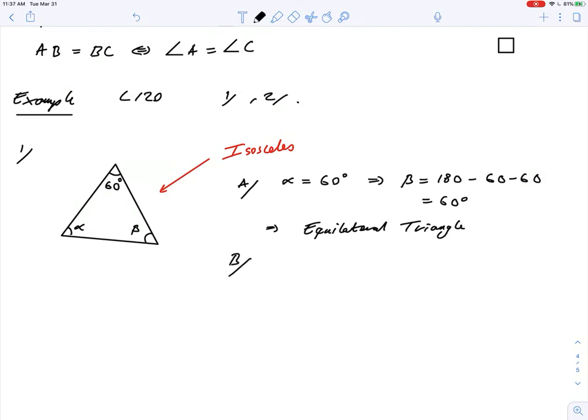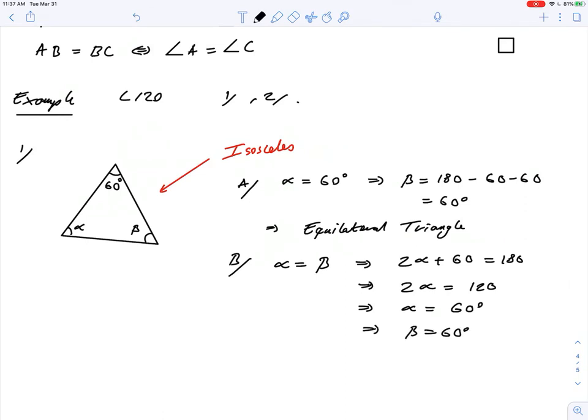Or second option, maybe alpha and beta are the same. Well, this would imply 2 alpha plus 60 is equal to 180 degrees, so 2 alpha is equal to 120, and alpha is equal to 60 degrees, which implies beta is equal to 60 degrees. Either way, it's an equilateral triangle.